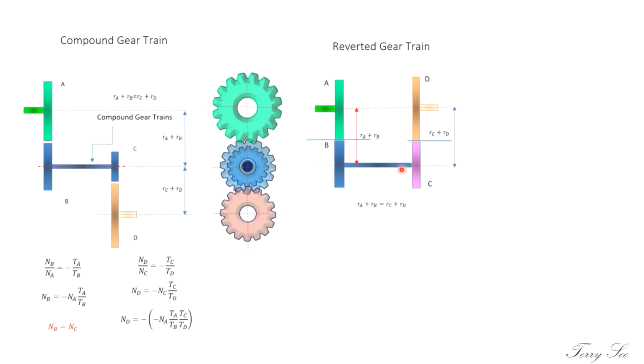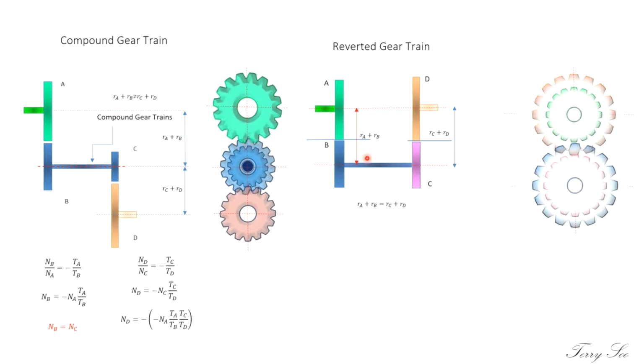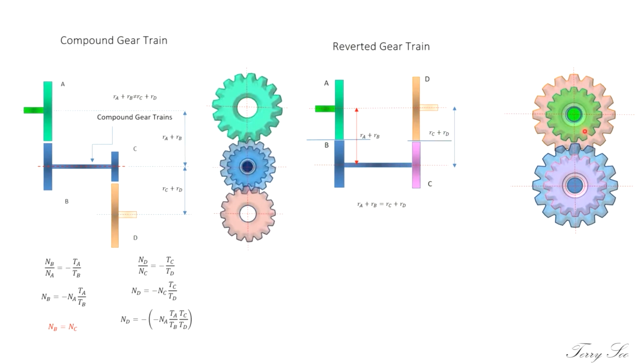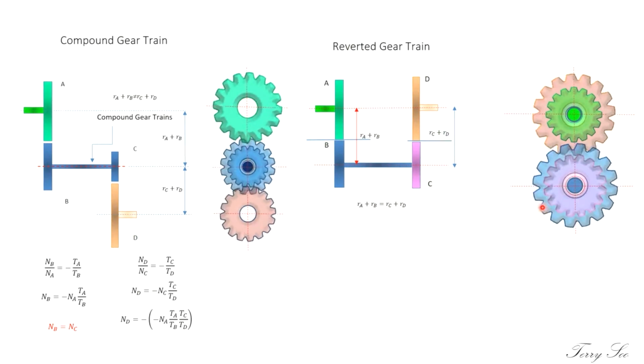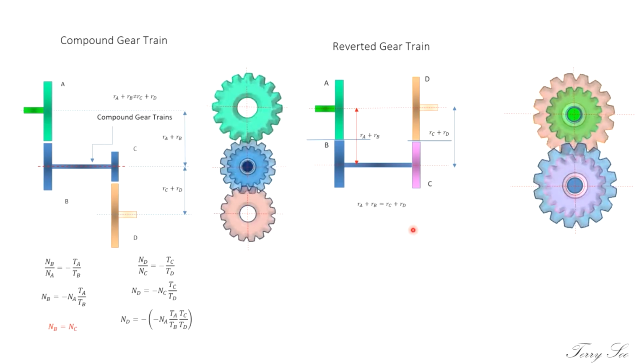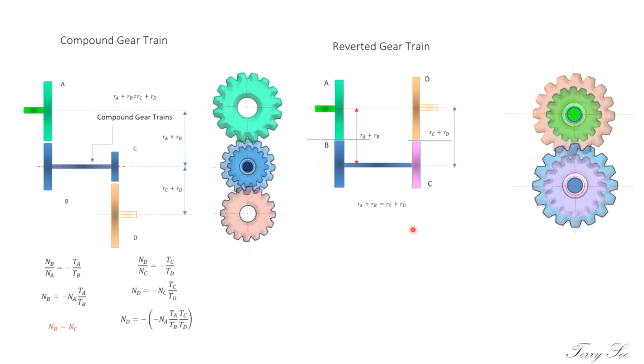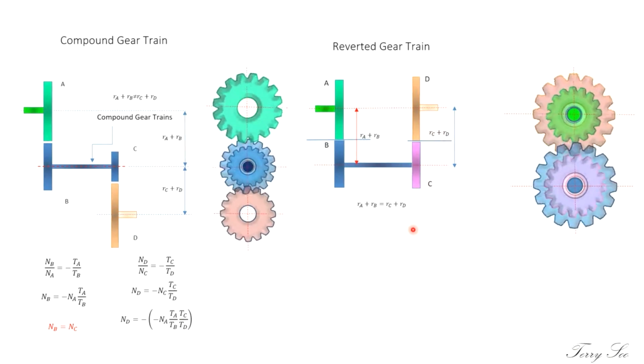These are usually used in compact gear train design, for example most watch mechanisms, which need a very compact design, so the compound reverted gear train is introduced. This is how they are arranged. When you work out the speed ratio, they should be the same. Okay, so that's for this part.